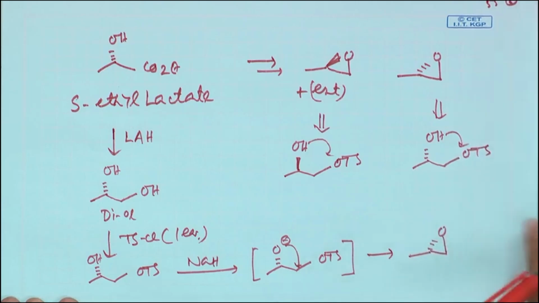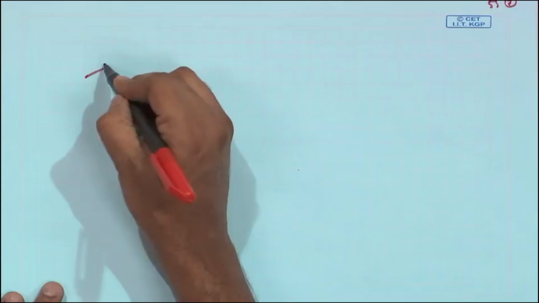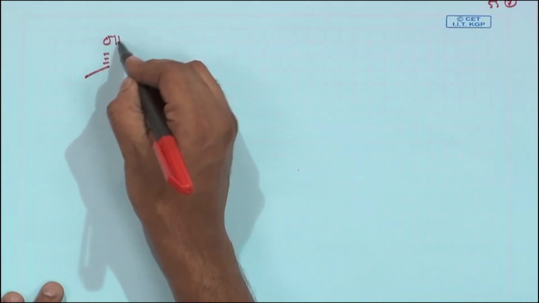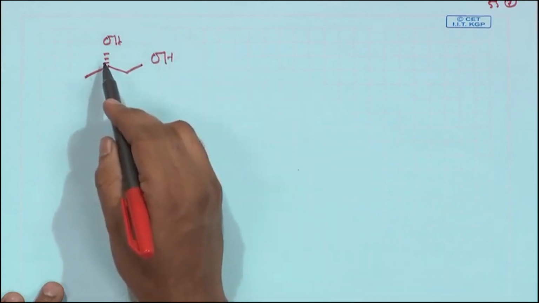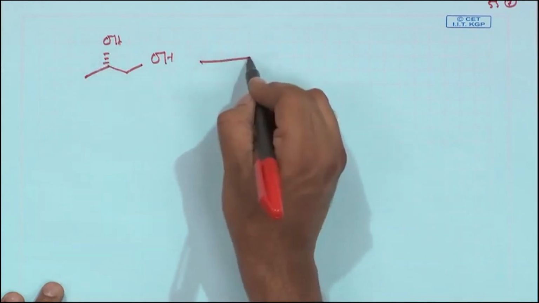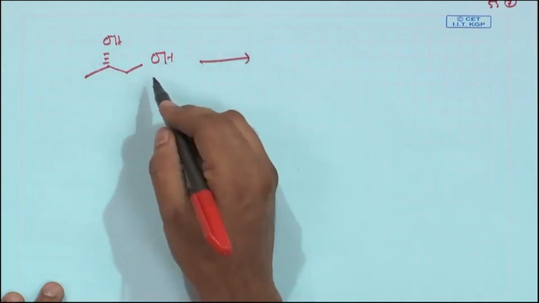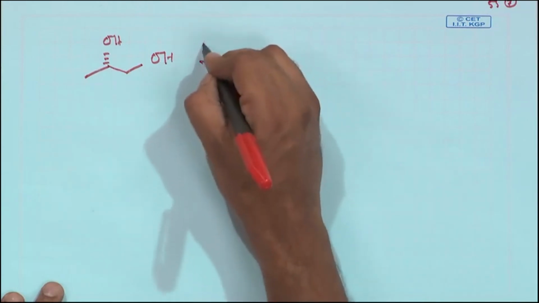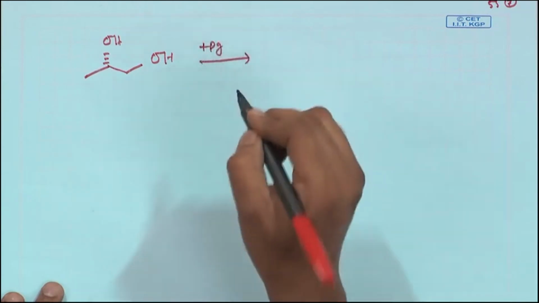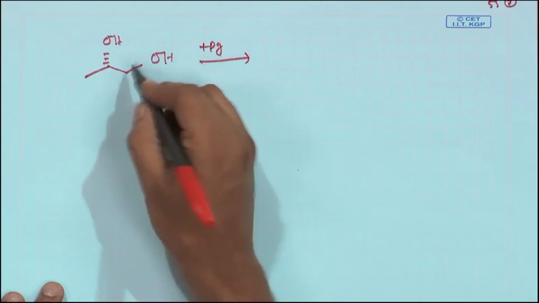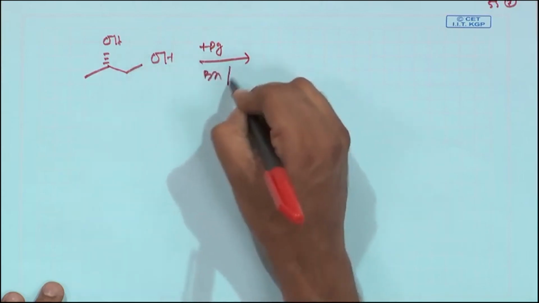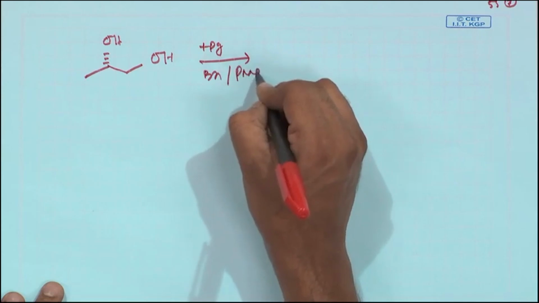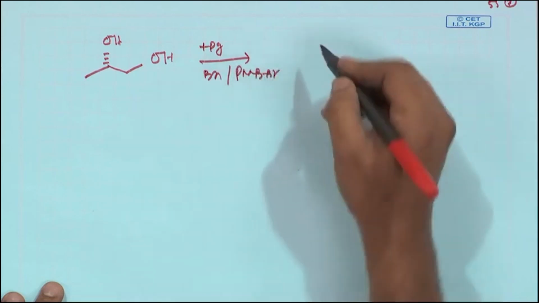Now, for the other enantiomer, you probably need something else. As I said, you need to invert the stereocenter. This inversion requires something else. Basically, you have a free hydroxy group, so probably the best way is to first protect this hydroxy group. The best protecting group for this kind of thing is benzyl or PMB, using benzyl bromide or PMB bromide.